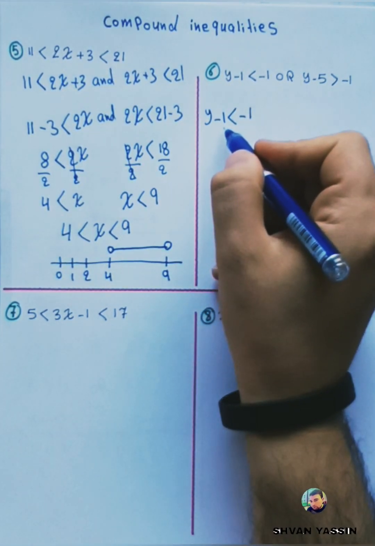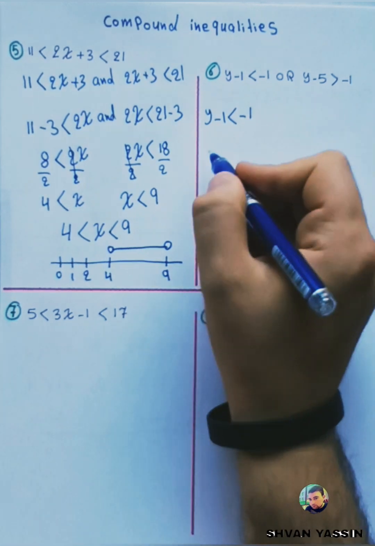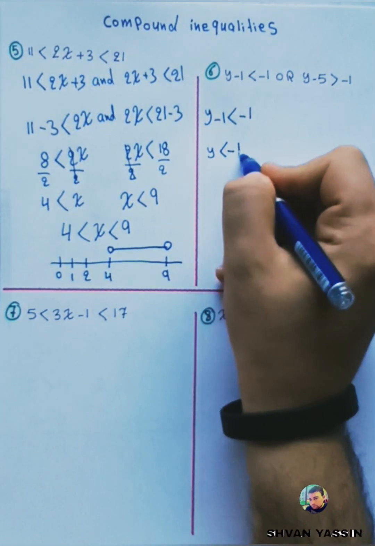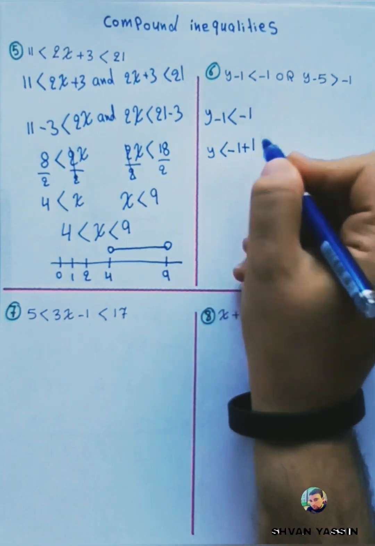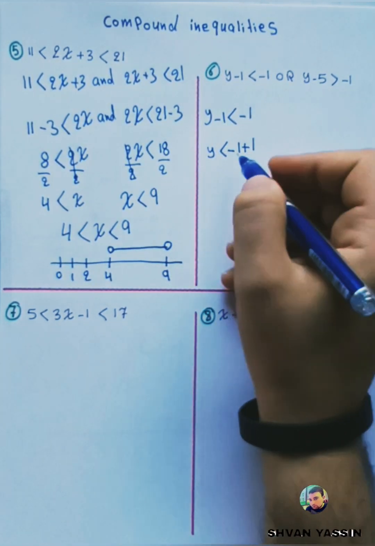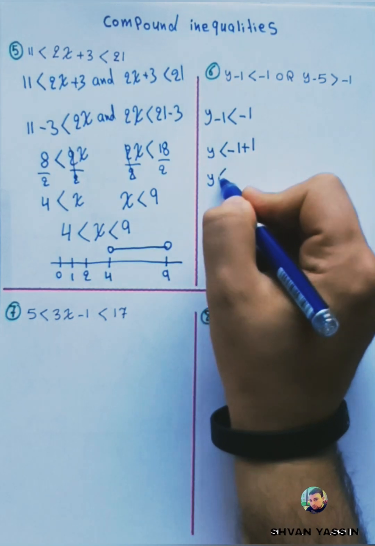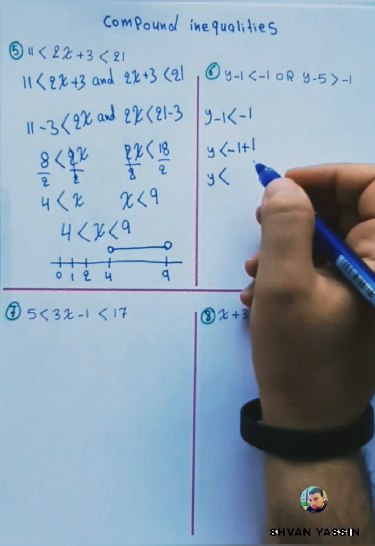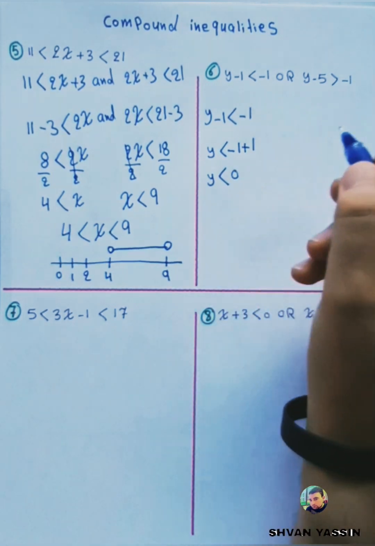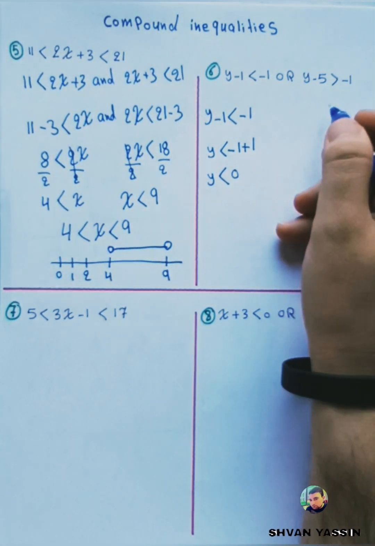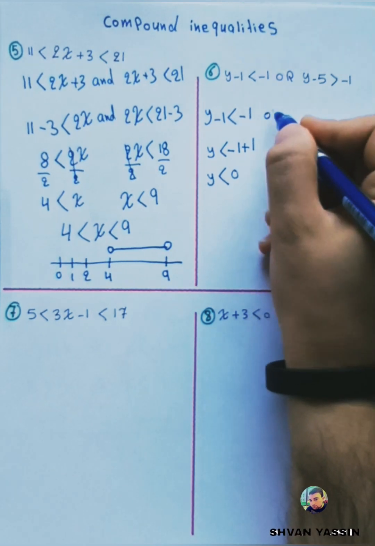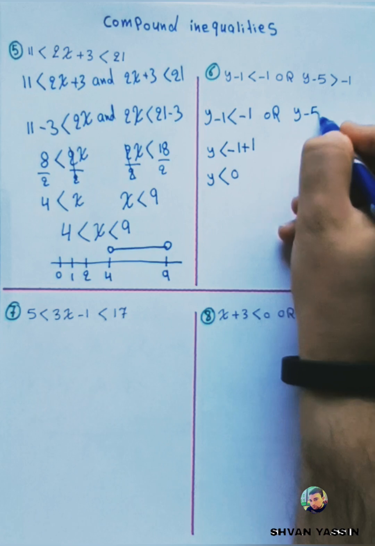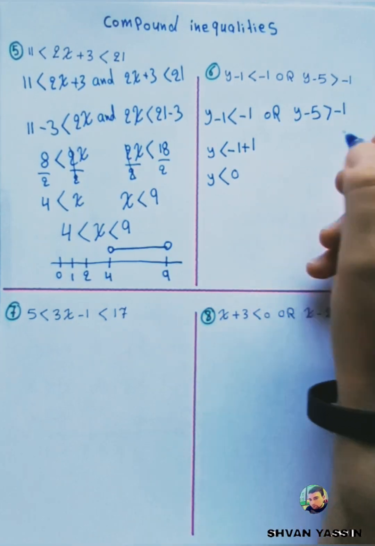We can change the place of -1 into the right side. So we have y is less than -1 plus 1, -1 becomes +1, and then y is less than -1 plus 1 equal to 0. And the inequality on the right side, we have y minus 5 is greater than -1.